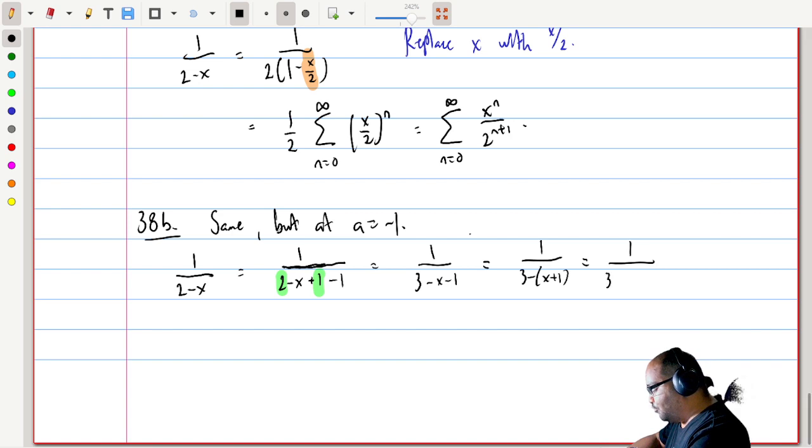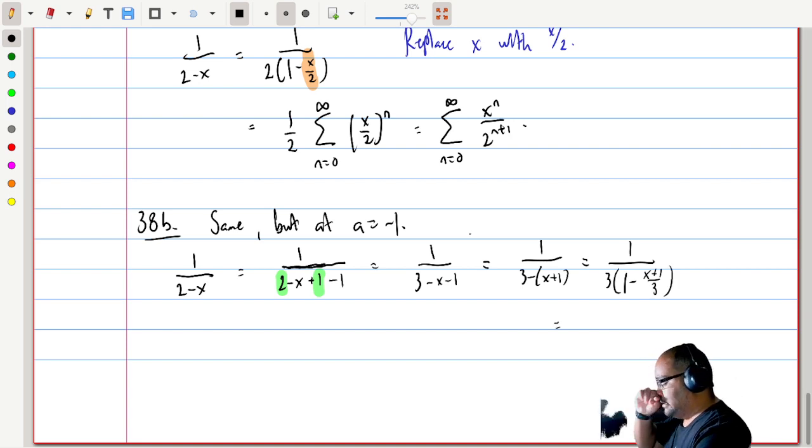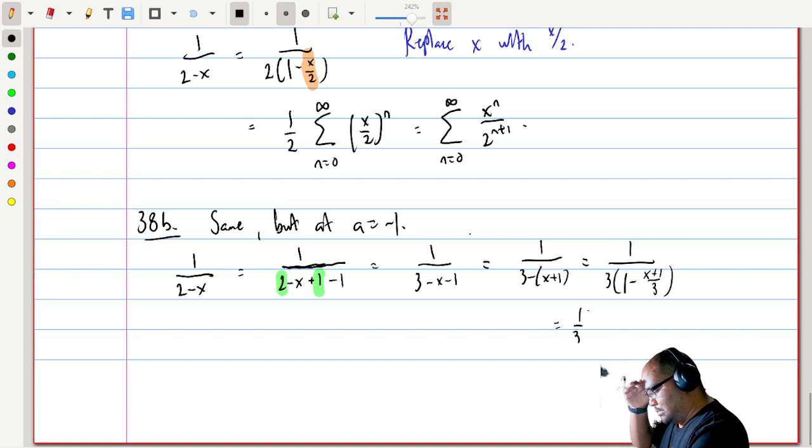So 1 over 3 times 1 minus x plus 1 over 3. And now you can kind of see the construction. 1/3 times the sum of x plus 1 to the n over 3 to the n.